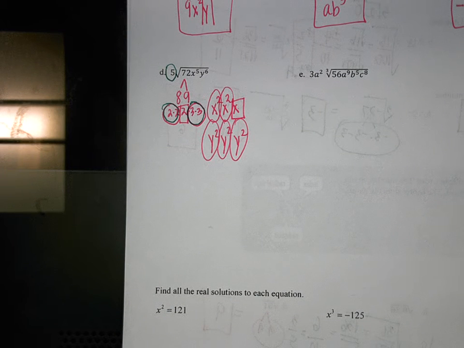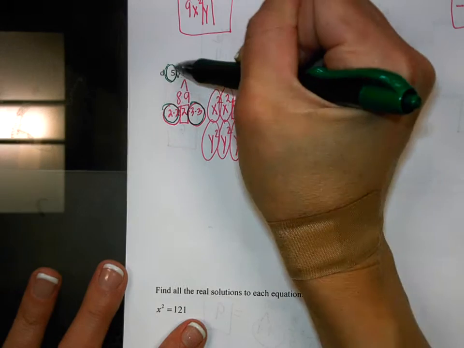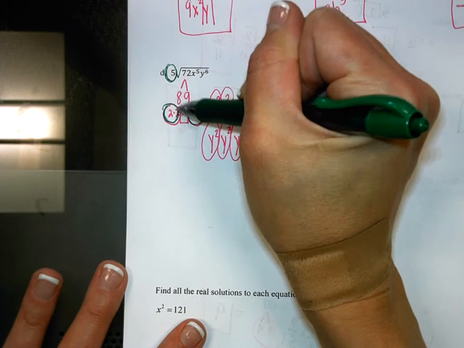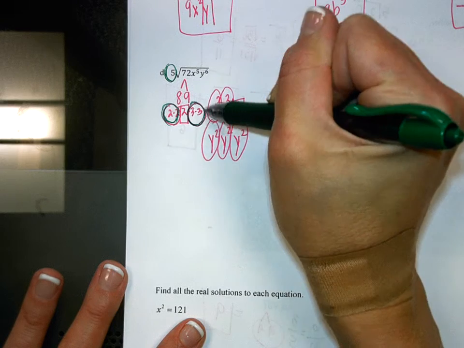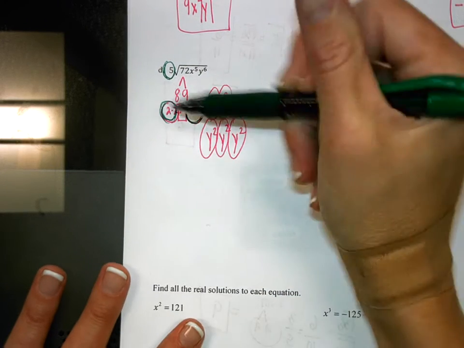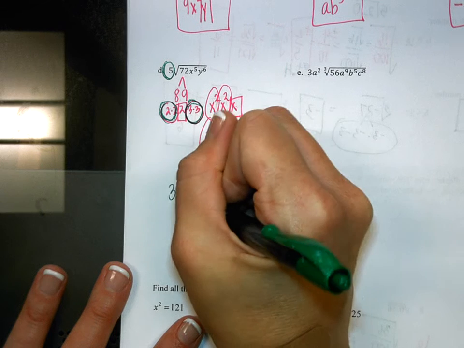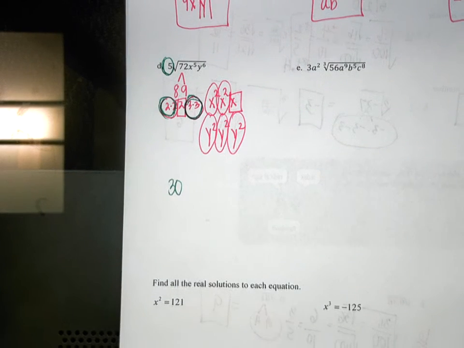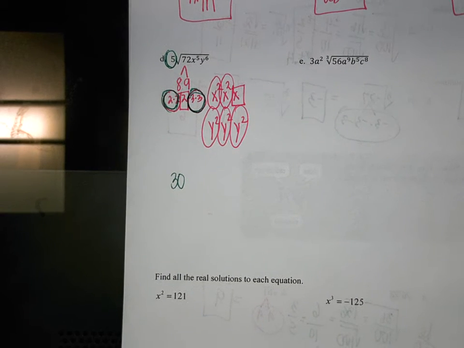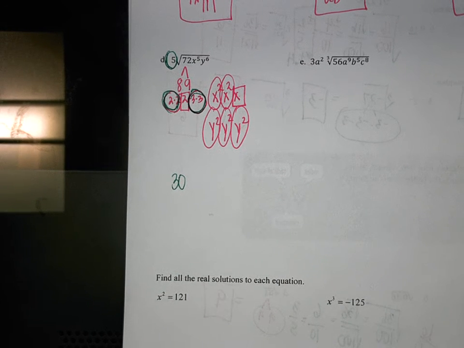So there's already a 5 in front, and we end up with 30, because each of those groups just becomes one number, right? So 2 times 3 is 6, times 5 is 30. And we can go 5 times 2 is 10, 10 times 3 is 30. We can go 2 times 3 is 6, 6 times 5 is 30. We're just multiplying all those numbers together.